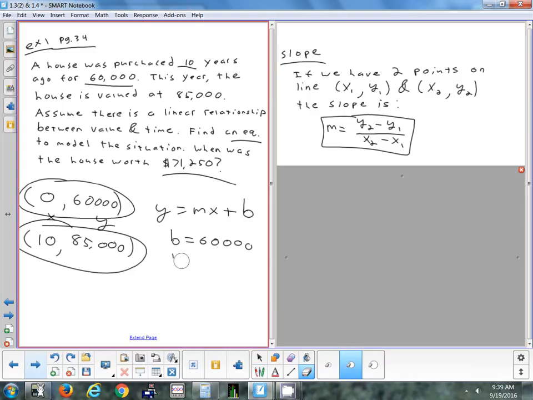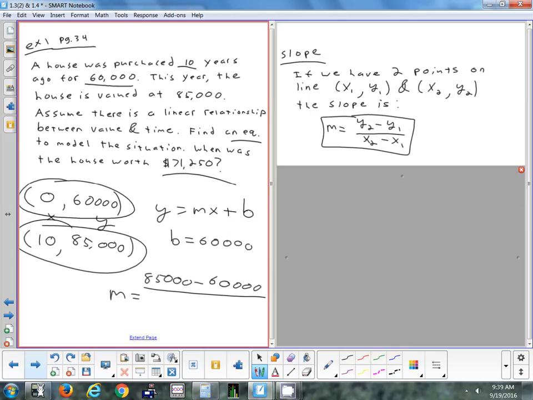So I'm going to use that formula, give myself a little bit of room, and find the slope between these 2 points. y2 minus y1 over x2 minus x1.